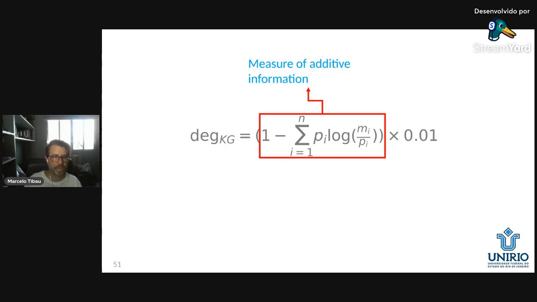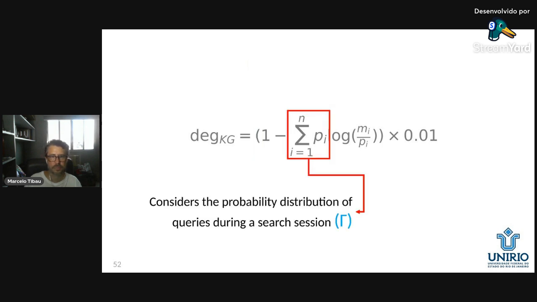One minus entropy represents a measure of additive information. The summation of the detection probability considers the probability distribution that occurred during the search session.